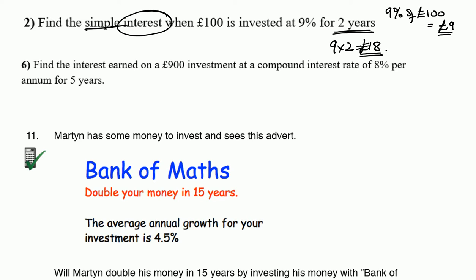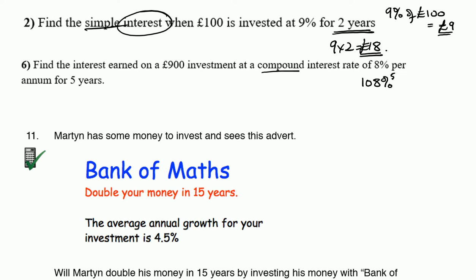Next question. Find the interest earned on a £900 investment at a compound interest rate. Compound, let's do something complicated. At a compound interest rate of 8% per annum for 5 years. Remember, per annum means per year. So I am increasing by 8%. I'm working out 108%. And doing that over and over again 5 times.